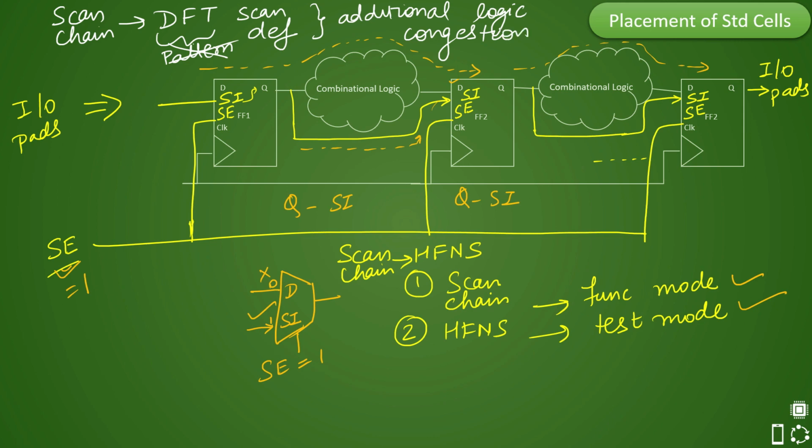So we will try to optimize the scan chain length. By doing the scan chain optimization, we are essentially trying to reduce the congestion, and by reducing the congestion we are essentially achieving more routability in the design, and that is why it is important.